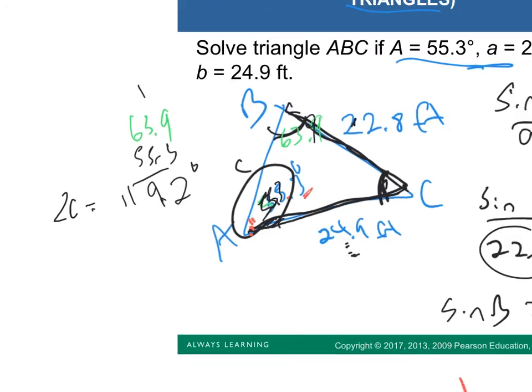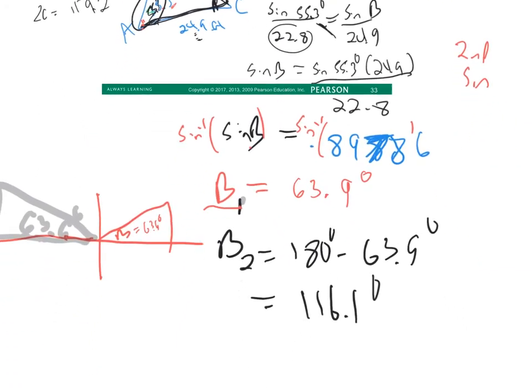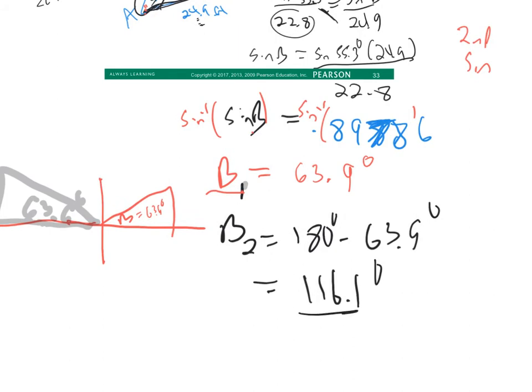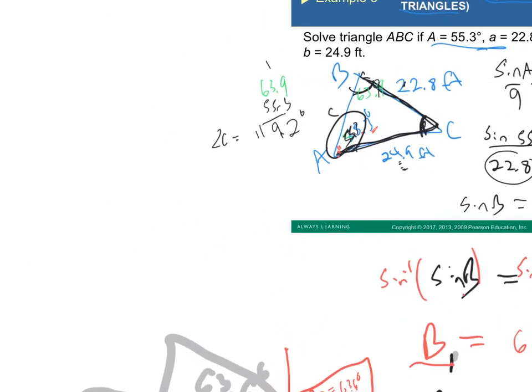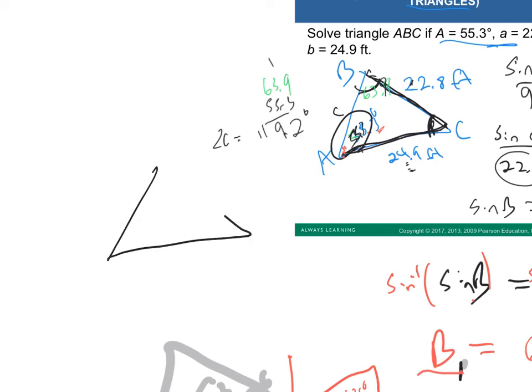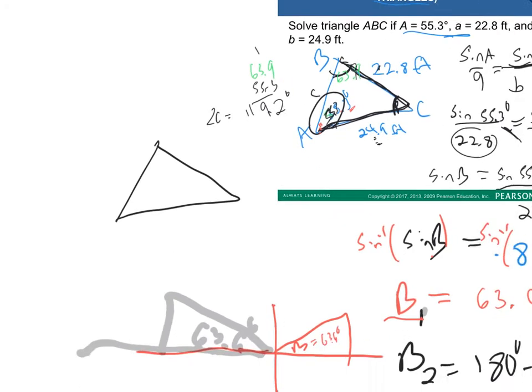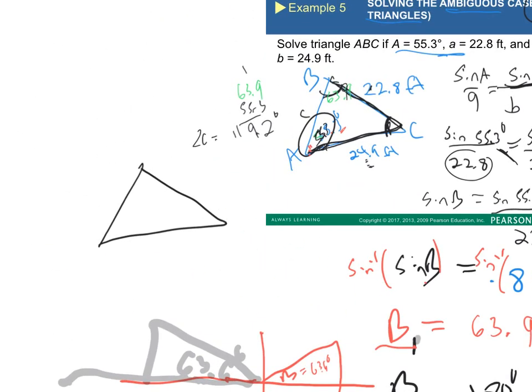If I choose to use the supplement, the 116.1, notice how the triangle changes. This becomes 116.1. This still was 55.3.